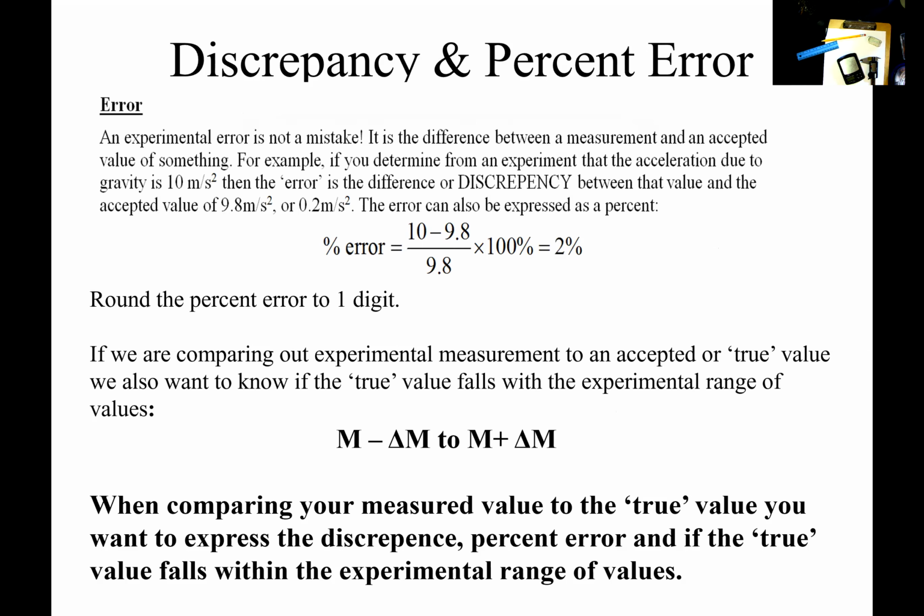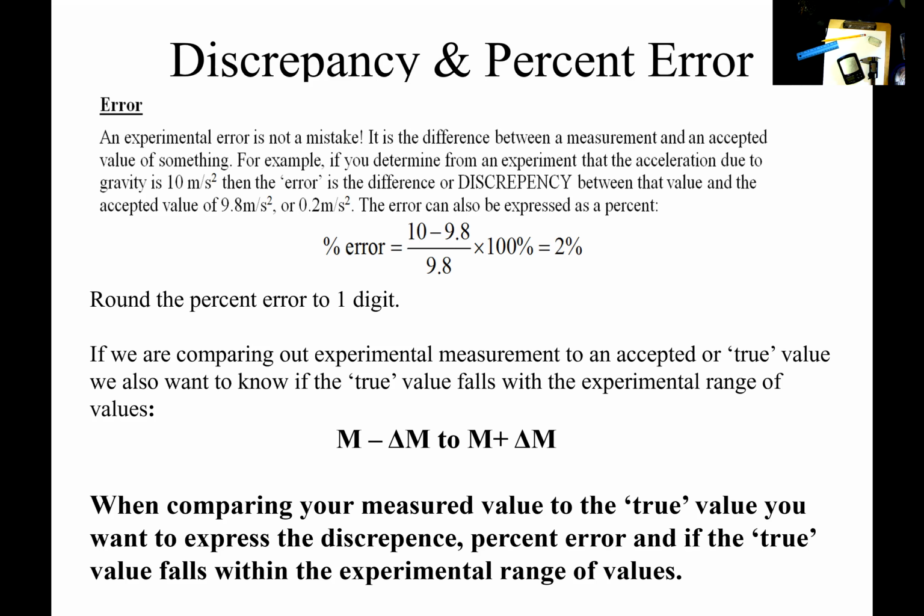Discrepancy is how far off you are from the expected or the true value. I prefer the word discrepancy. I don't want one word, error, to mean 5 different things. So discrepancy is how far off you are. That can be expressed in terms of the measure itself, or in terms of a percent. And we'll be doing both of those.